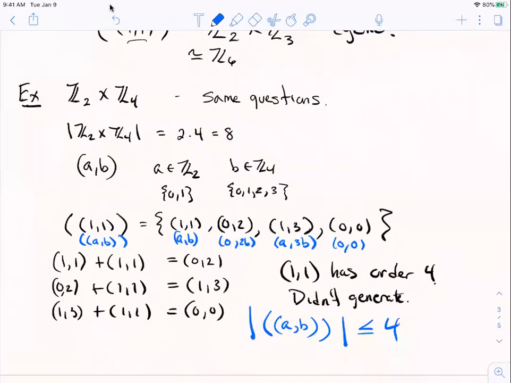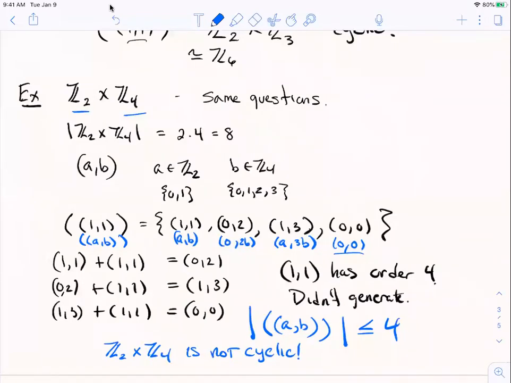You're going to get (0, 0) when you add anything to itself in this group 4 times, because 4 times will 0 out the second coordinate. Every other time zeroes out the first. So I think we just gave ourselves a proof that Z2 cross Z4 is not cyclic.